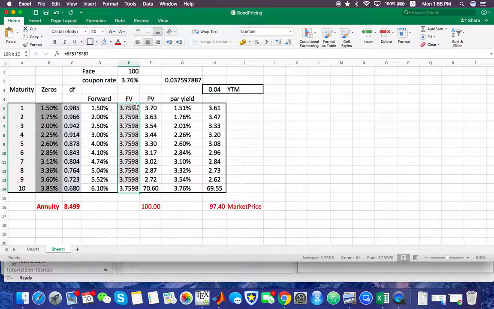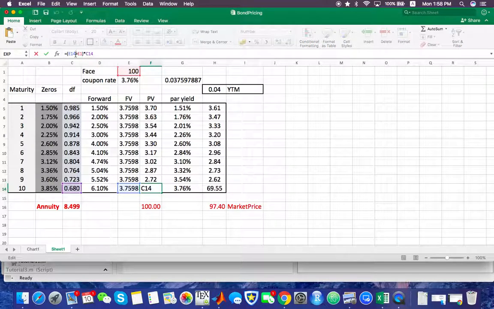So this is the dollar amount of the cash that we will receive each year. And of course at the end of the 10 years we will also receive the face value. So the present value here we can calculate for our cash flow is the coupon payments, and finally the coupon payment plus the face value as well.